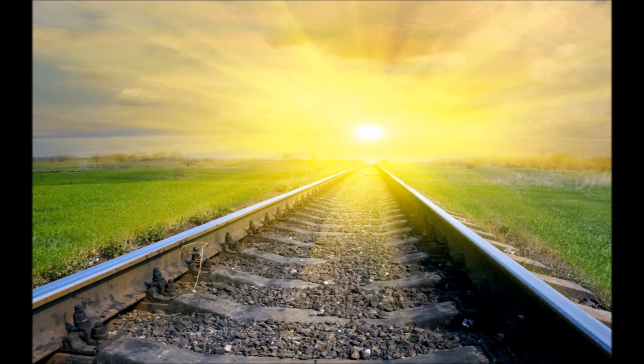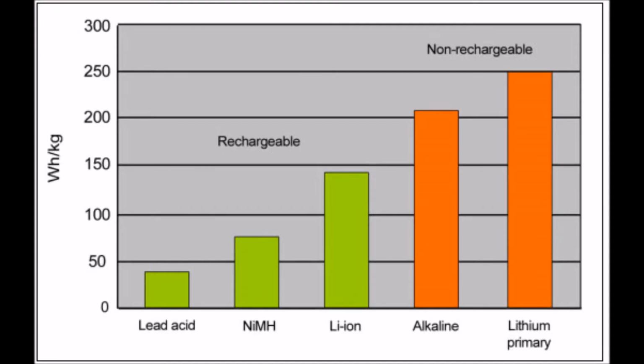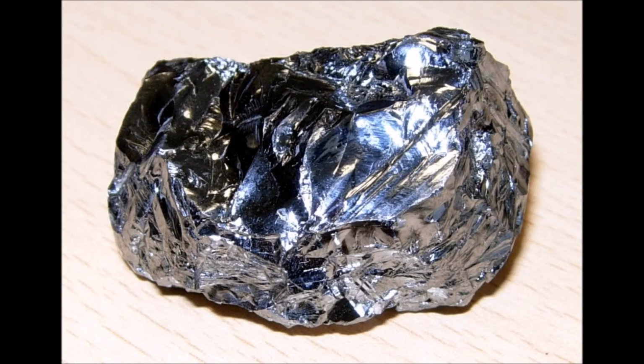Much of the recent effort to improve lithium-ion batteries has focused on developing anode and cathode materials that can hold more charge in a given volume, leading to higher energy densities. Many research groups are focusing on replacing the graphite anode with silicon, which could potentially store up to 10 times the current capacity.